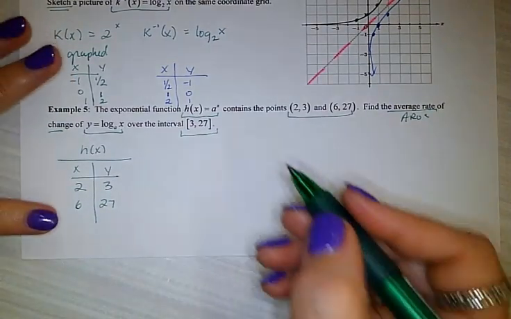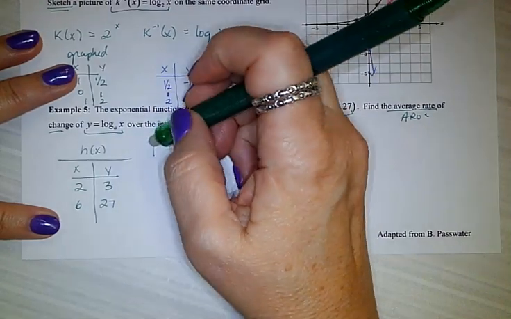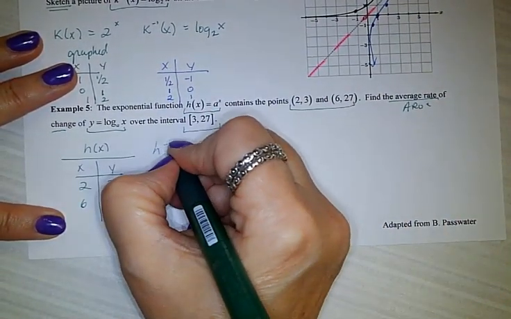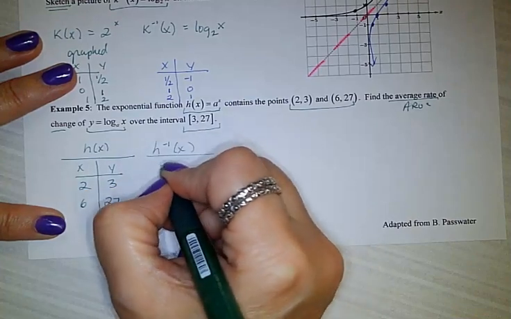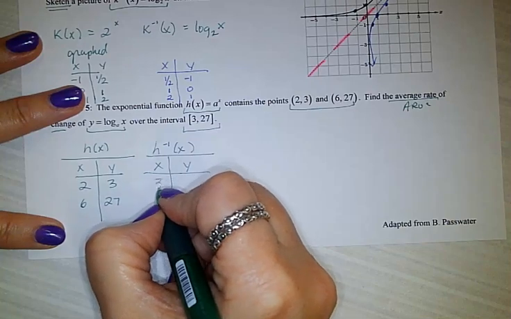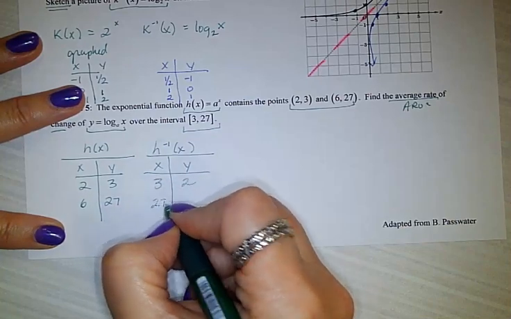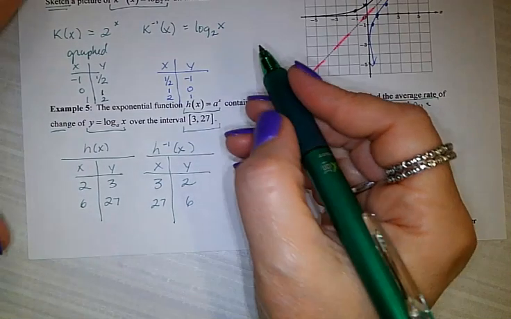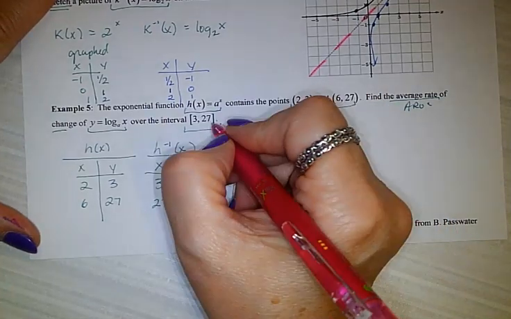So if I'm finding the inverse, excuse me, h negative 1 of x, then my x and y's trade places. So now I have 3, 2, and 27, 6. So I can find the AROC. Now remember, on my interval, we start with B, right?